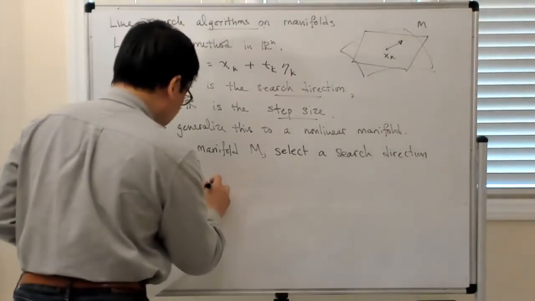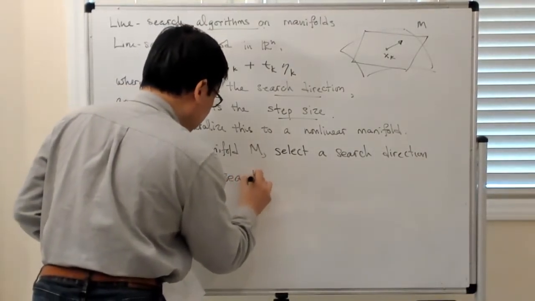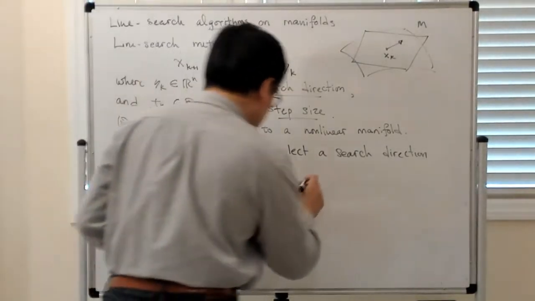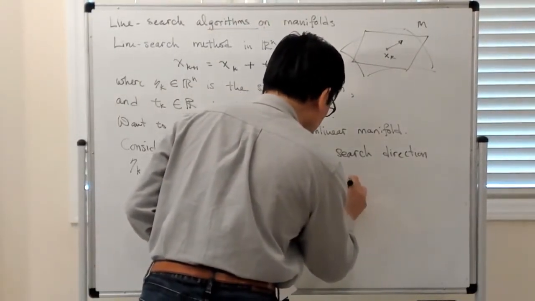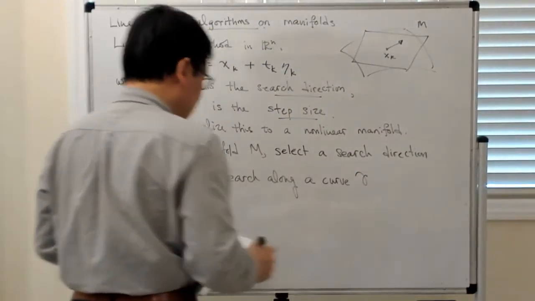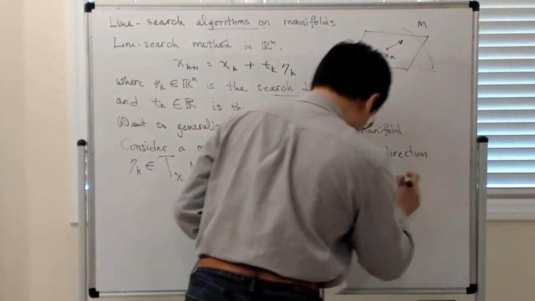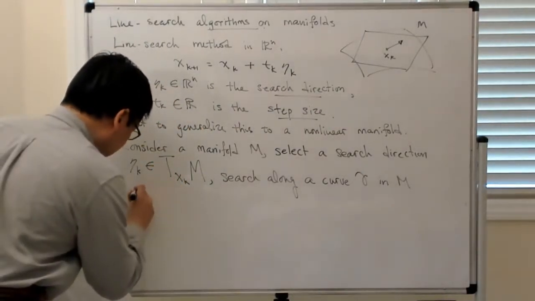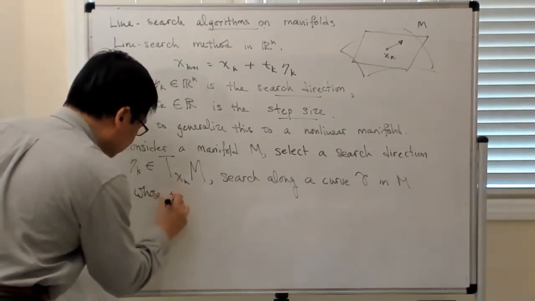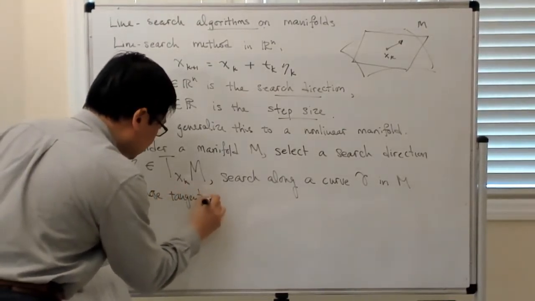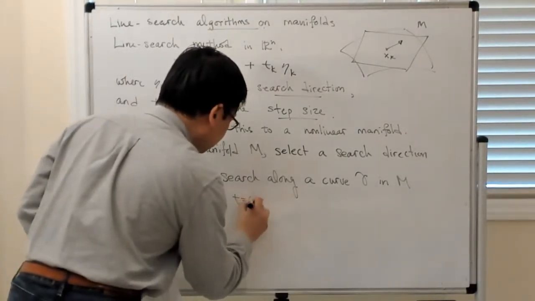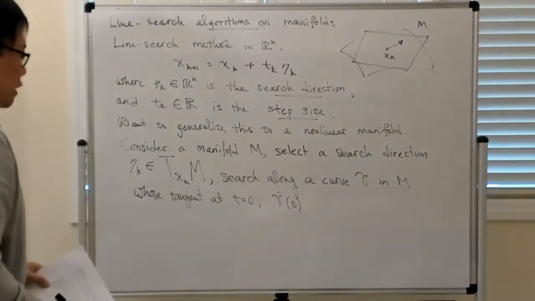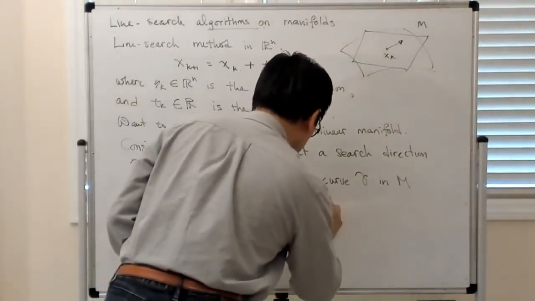And then you search along a curve, let's say gamma, in the manifold, whose tangent vector at t equals 0, which is of course just gamma dot or gamma prime if you prefer, gamma dot of 0, is equal to eta k.